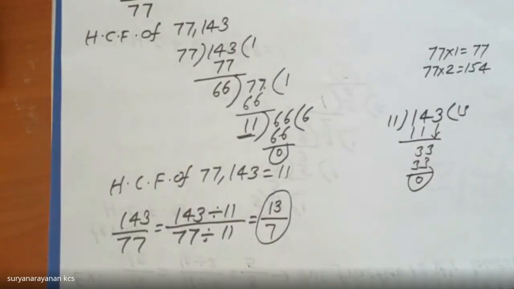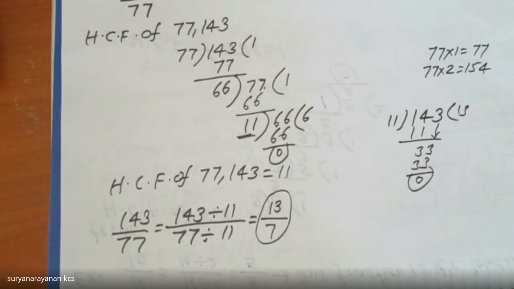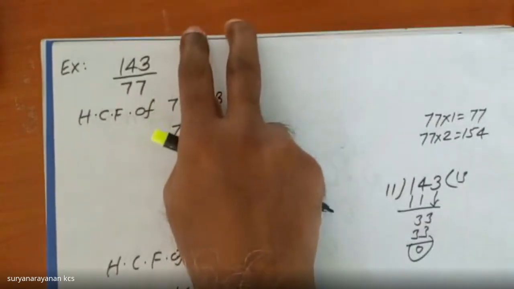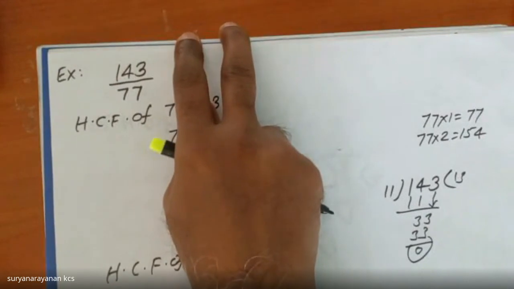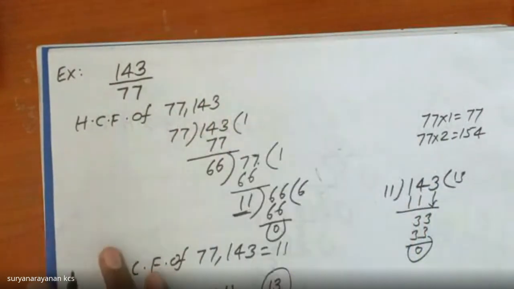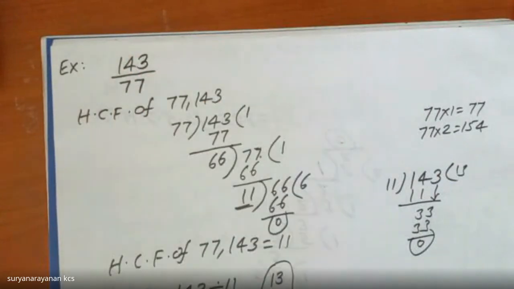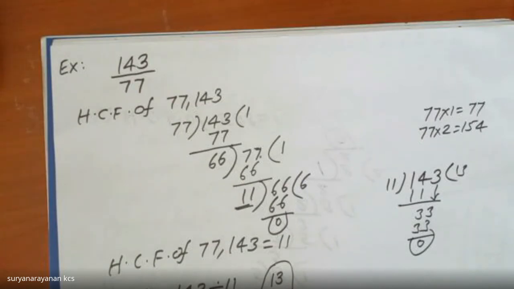Will you divide 143 by 77? No, sir. I'm asking, in the previous classes, with your previous knowledge, how do you write this fraction in its lowest terms? Which method did you follow? Prime factorization, sir. Yes, prime factorization method.